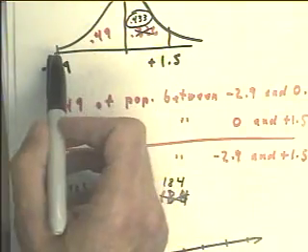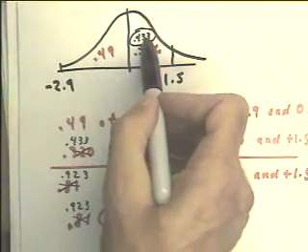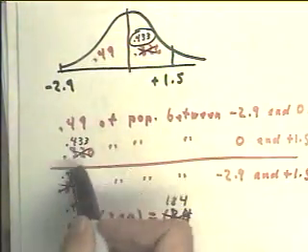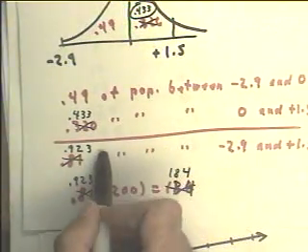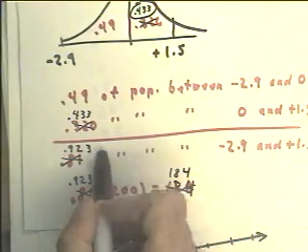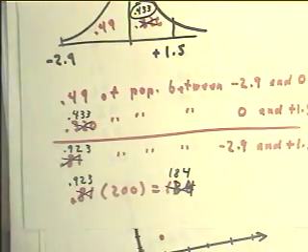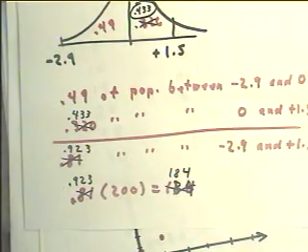Well, the total area between here and here will be the sum of the 0.49 and the 0.433. We add those, we get 0.923, or 92.3% of our population is going to score at least a 75 if we have a normal distribution.